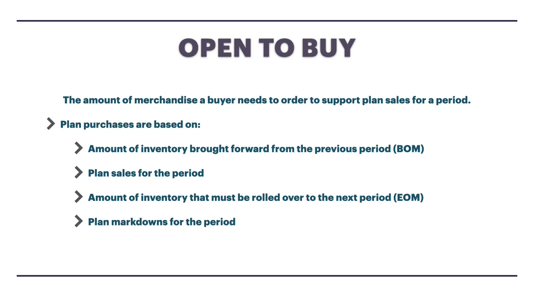Planned purchases are based on the amount of inventory brought forward from the previous period, BOM, planned sales for the period, the amount of inventory that must be rolled over to the next period, EOM, and planned markdowns for the period.